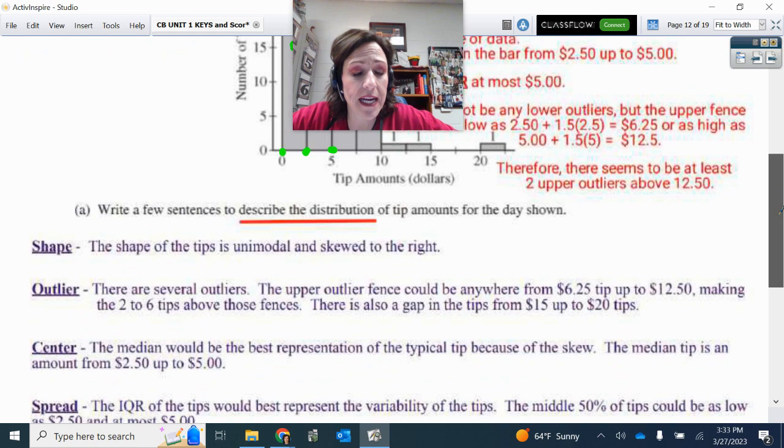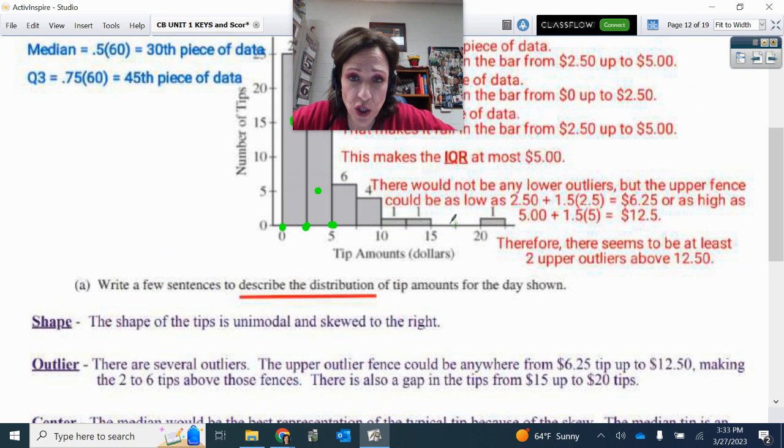O is for outliers. You want to describe any unusual features or outliers. Here I have this gap from 15 up to 20, and I feel pretty confident in saying, without even computing my fences, that this would probably be an outlier. But I did do the fences.